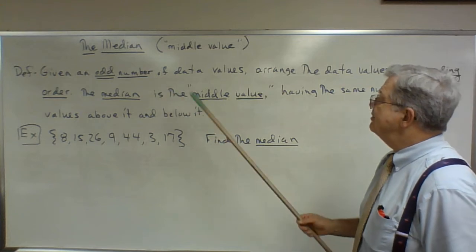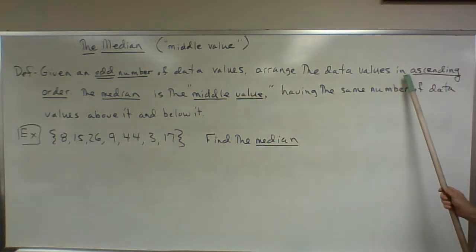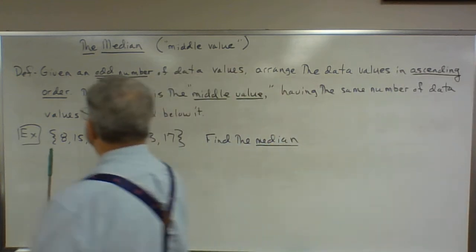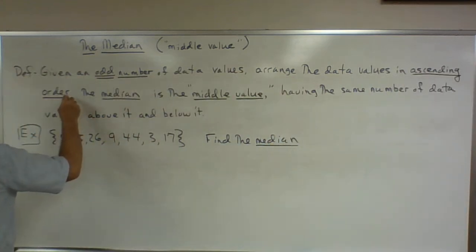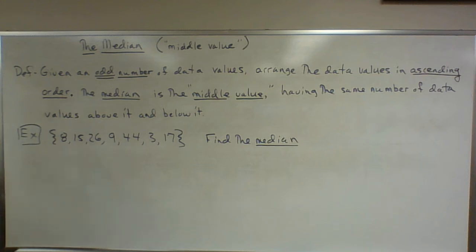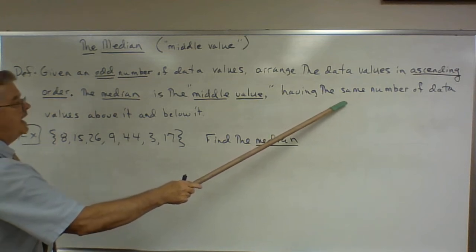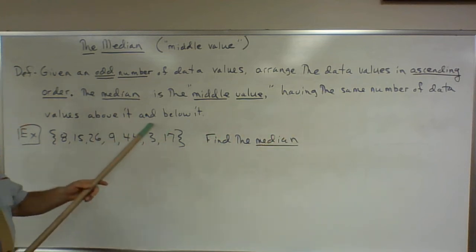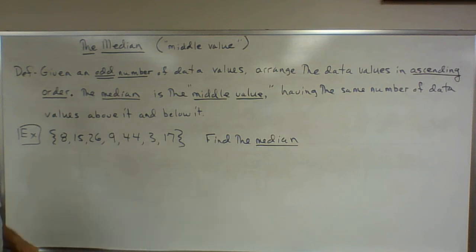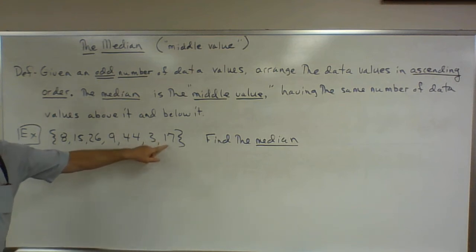Given an odd number of data values, arrange the data values in ascending order. The median is the middle value, the value having the same number of data values above it and below it.